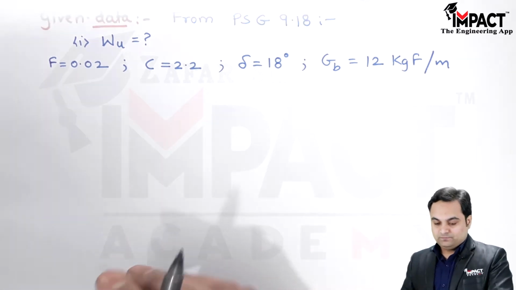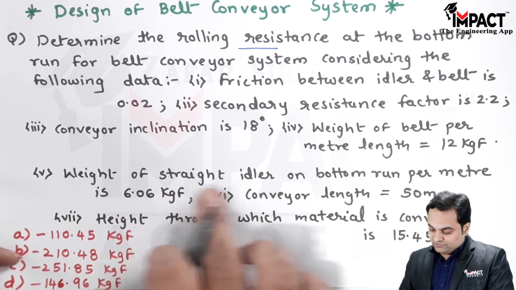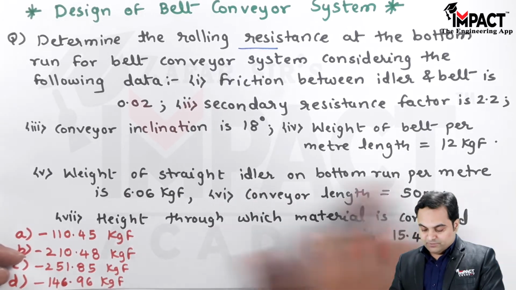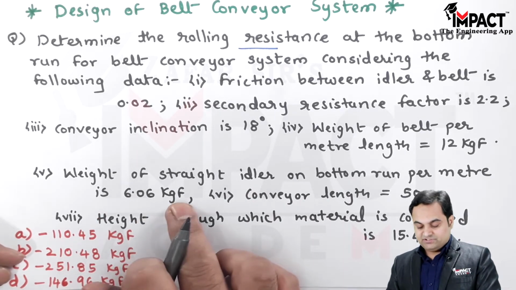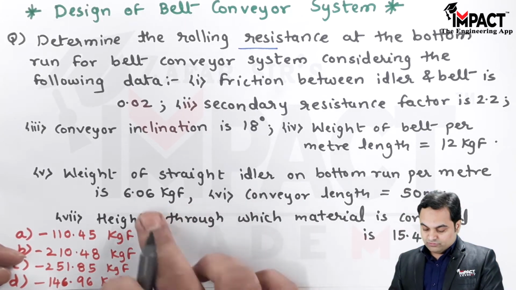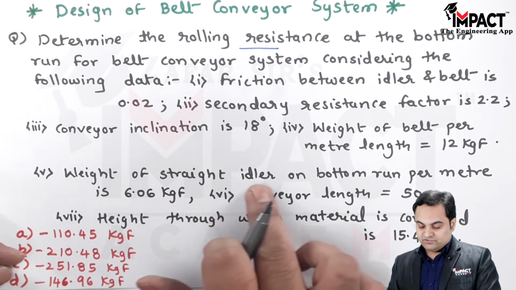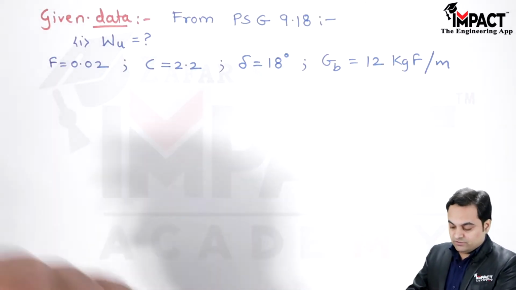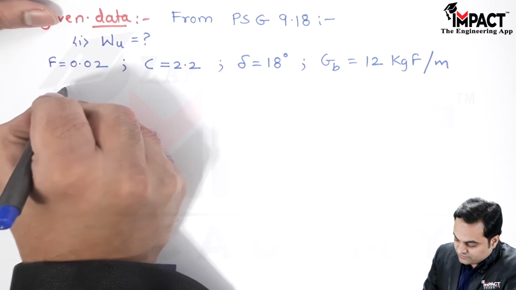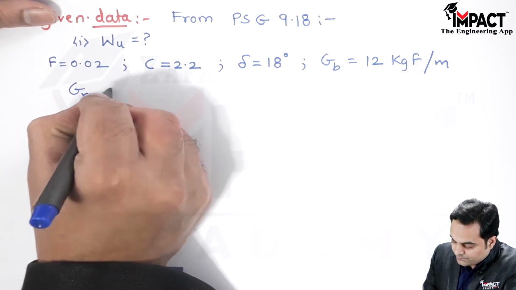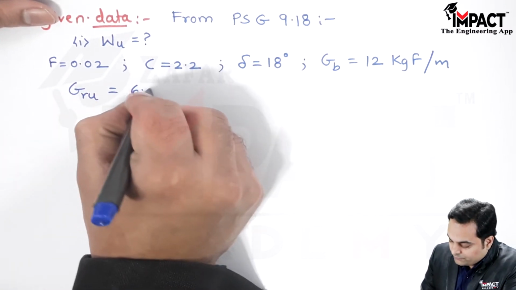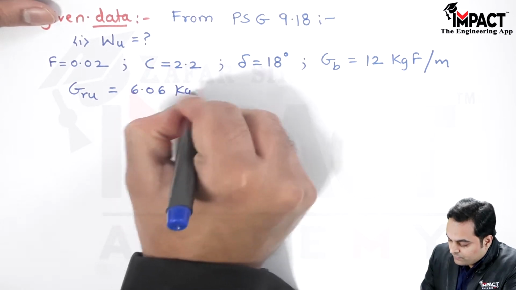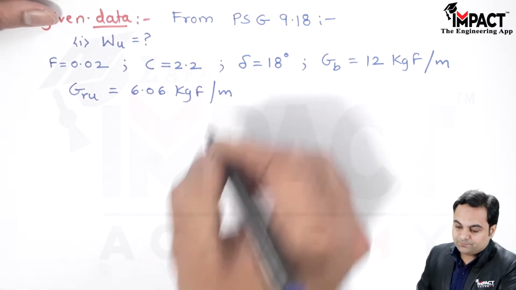Next, the weight of the straight idler on the bottom run per meter is 6.06 kgf per meter, and the weight of the straight idler is denoted by G suffix RU, 6.06 kgf per meter.